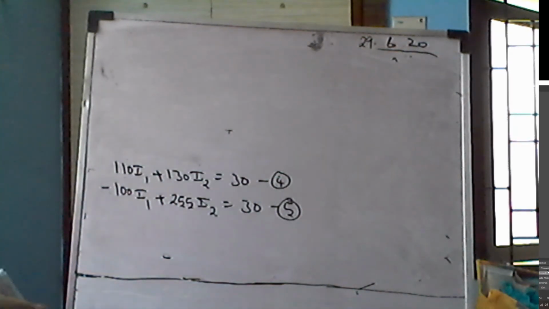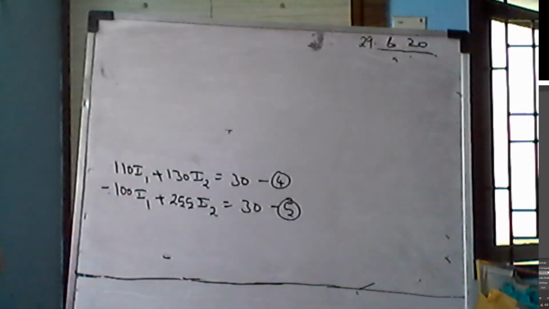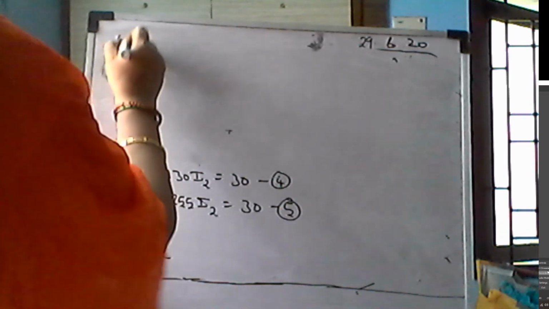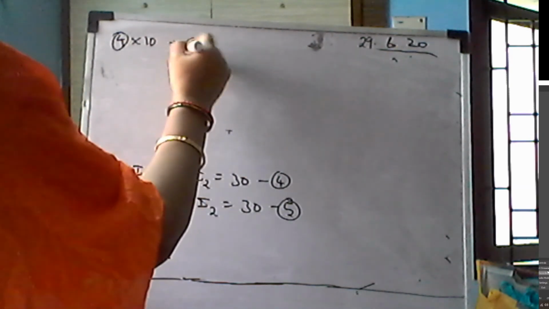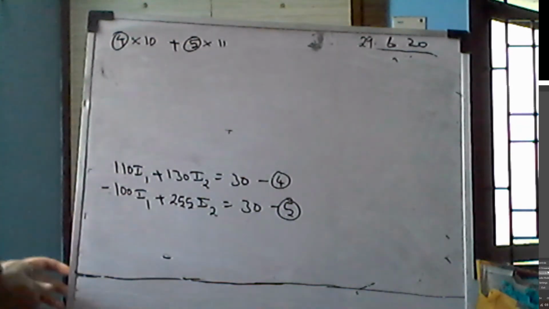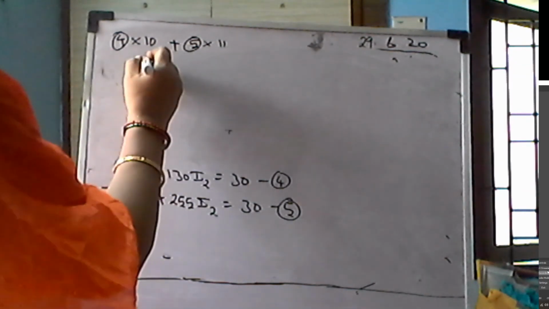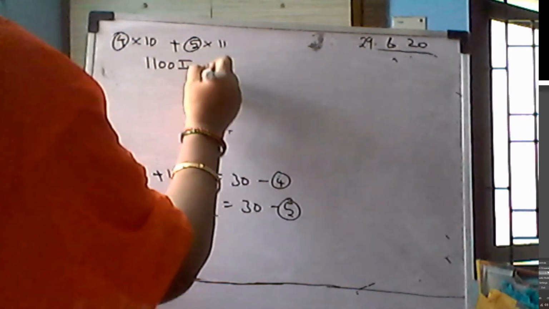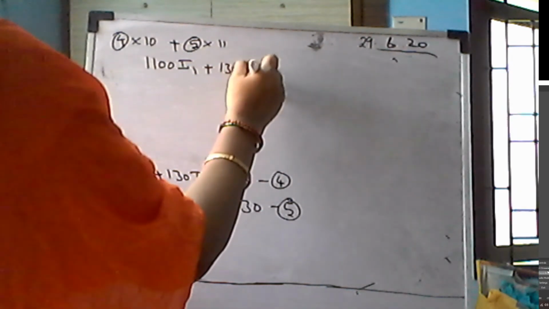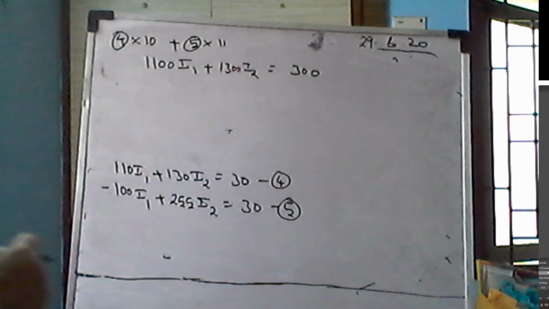So now this multiply by 10, this multiply by 11, then you add, then this I1 cancels and this I2 will be remaining. So 4 into 10 plus 5 into 11. You will get I2 value. That is 1100 I1 plus 1300 I2 equal to 300. 11, na?